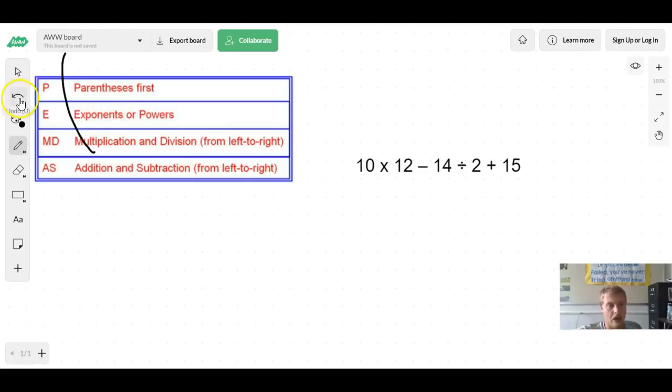So let's take our chart and see if we can use it to solve this problem. So we would do parentheses first. Well, we don't have any parentheses, so we're not going to worry about that. The next thing we would do would be exponents. Well, we don't have any exponents, so we're not going to worry about that. The next thing we're going to do is multiplication and division from left to right. Well, we do have a multiplication here, which 10 times 12 would be 120.